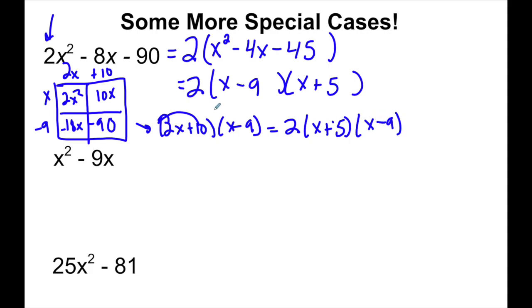And remember, the distribution works because the implied power on this factor, because there's no exponent, is 1. Okay, so that's one special case. A case where you can factor out a number that they all have in common, right? And remember, we call this a GCF, a greatest common factor.